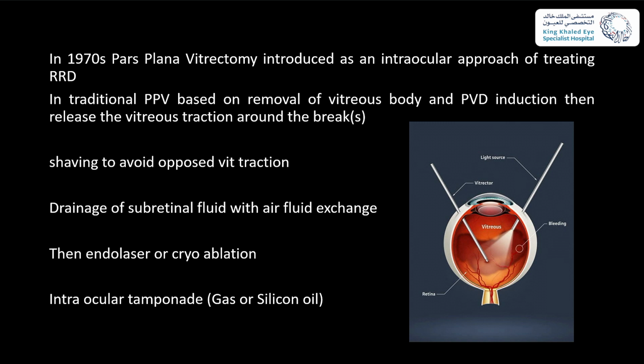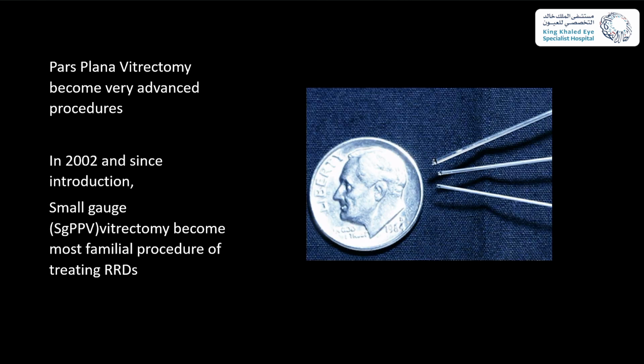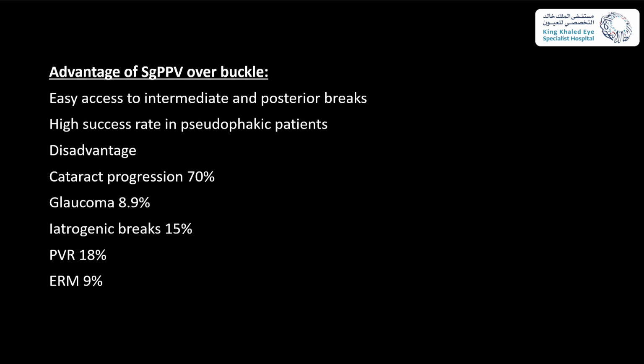And in this case, we implement an intraocular tamponade that keeps the retina in place. Later, it became more advanced, and in 2002, small-gauge pars plana vitrectomy became the most familiar procedure in treating retinal detachment these days.